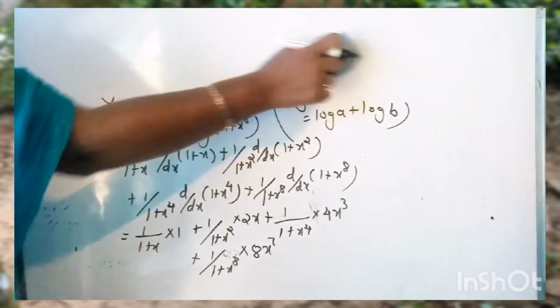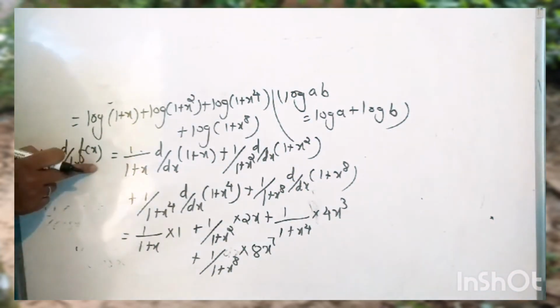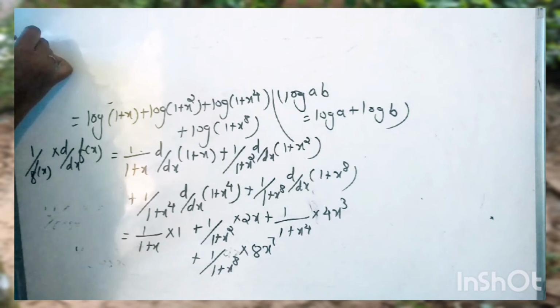Now this d by dx of f of x we can write as f dash of x.